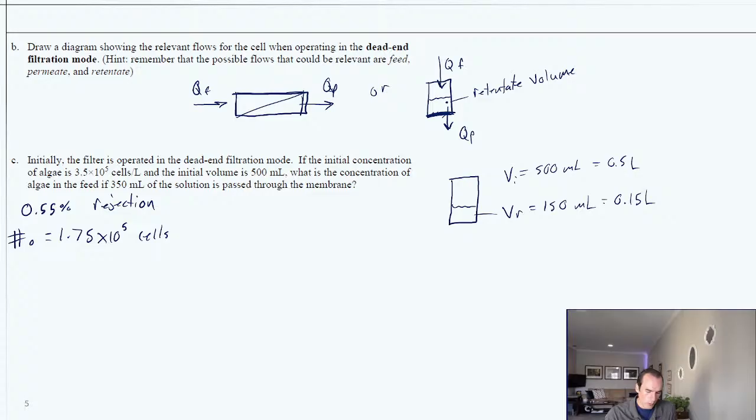Now, when we reject some of the cells, we are going to remove them from the amount of water that we filtered. So the 0.55% rejected applies to the 350 milliliters filtered. So that would be 0.35 liters. So we can find the number of cells rejected.